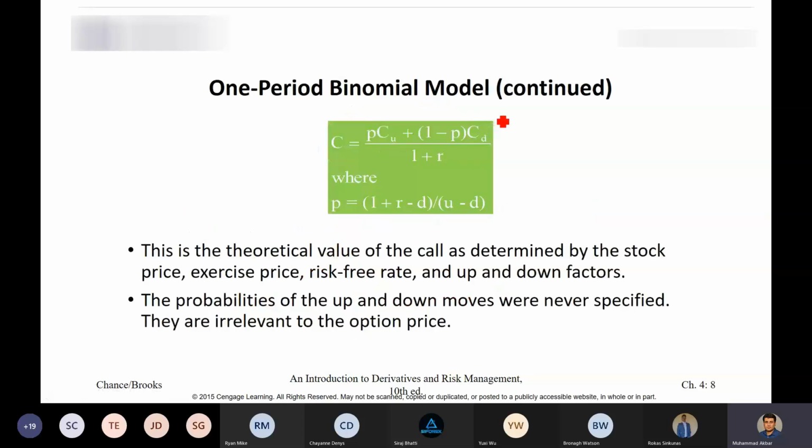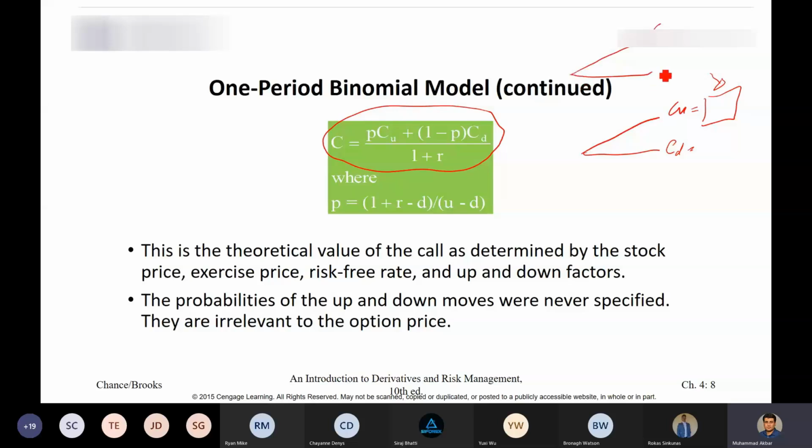Now, this is the same formula as I discussed with you: in future you have the cash flow possible, which is CU if the stock price goes up, and CD if the stock price goes down. Of course you can estimate these cash flows today because they are intrinsic values, and you can estimate SU and SD today.